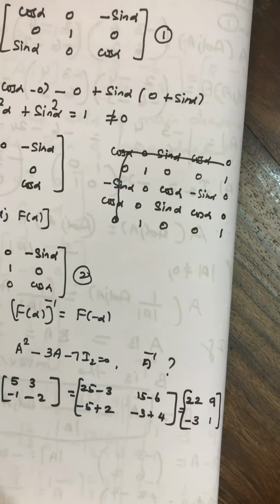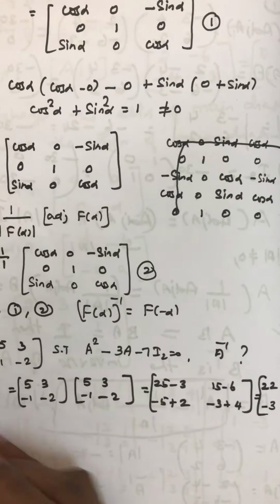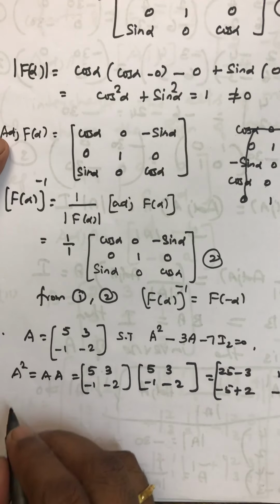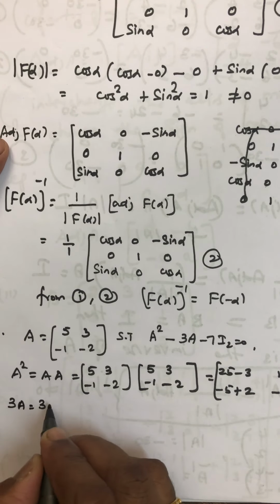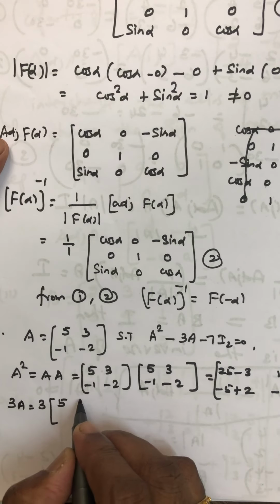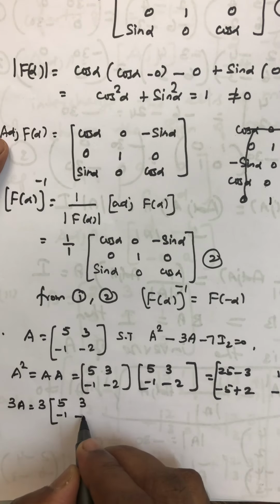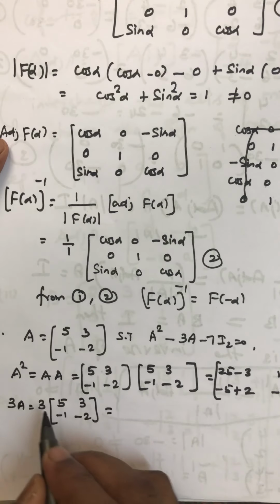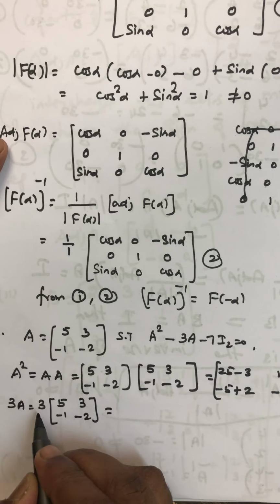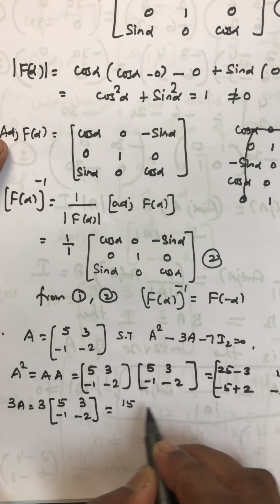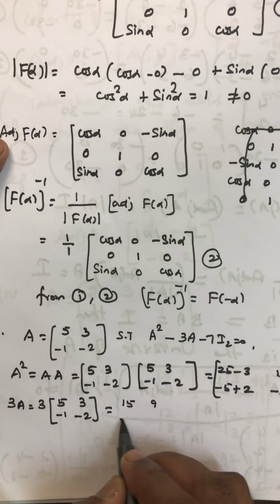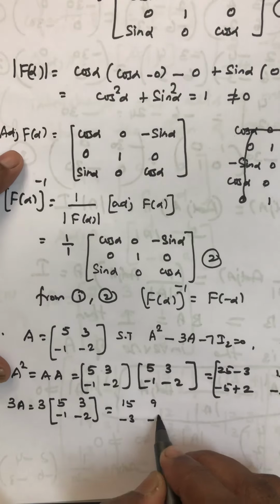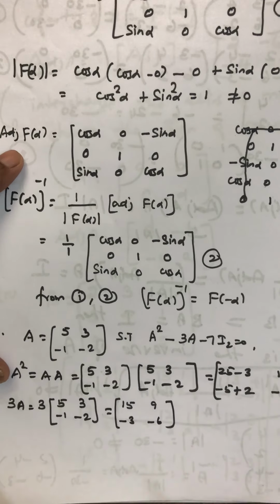Okay? Then we need to find out 3 into A matrix. So 3 into A matrix, scalar multiplication of 3, 5, 3, minus 1, minus 2. Each and every entry should be multiplied by 3. So I have it as 15, then 9. 3 into minus 1 is minus 3. 3 into minus 2 is minus 6.